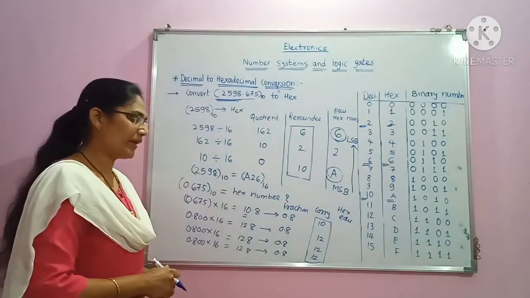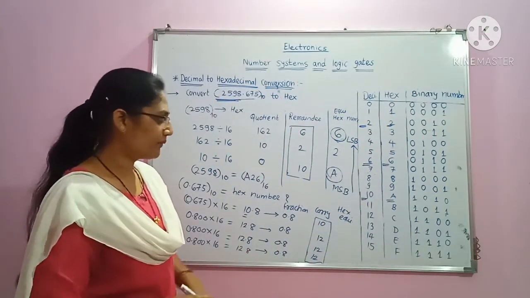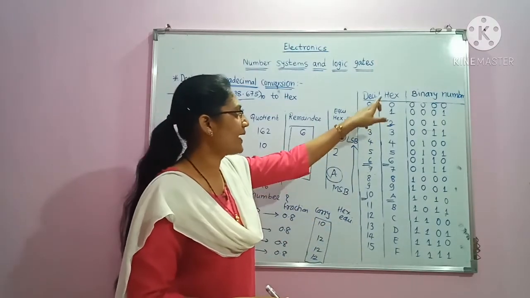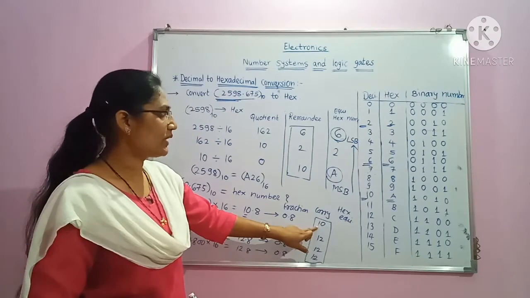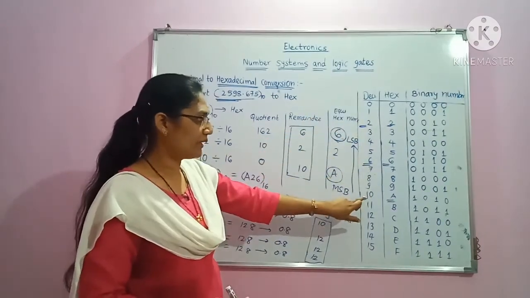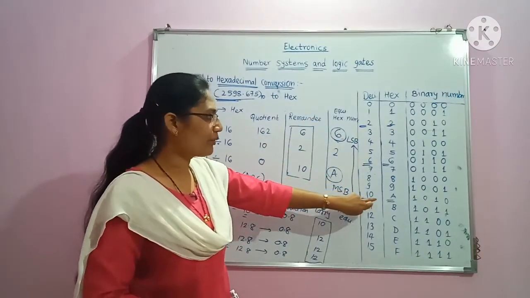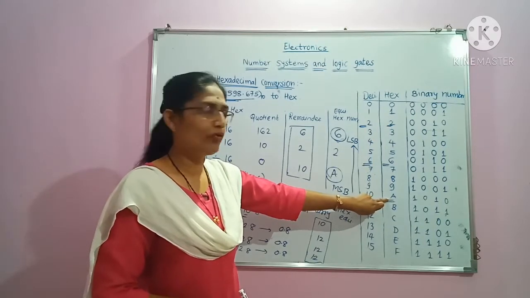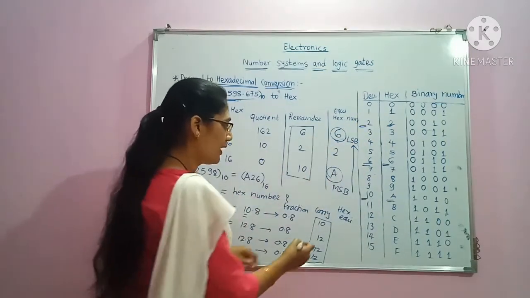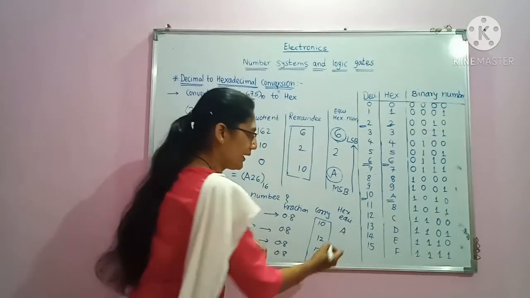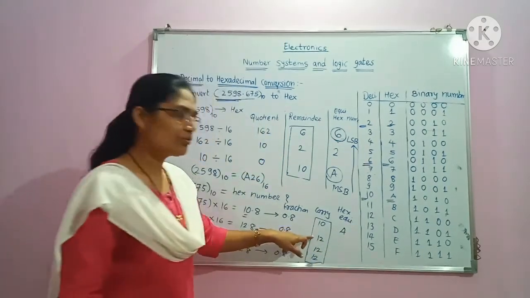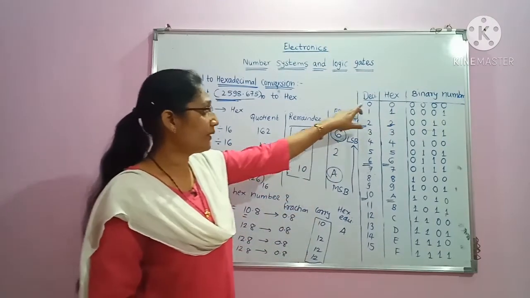So again I have to move towards the hex equivalent number. 10 in decimal, and I have to write its respective equivalent value of hex number, and 10 represents A. So I have to write here A. Now 12. 12 in decimal.